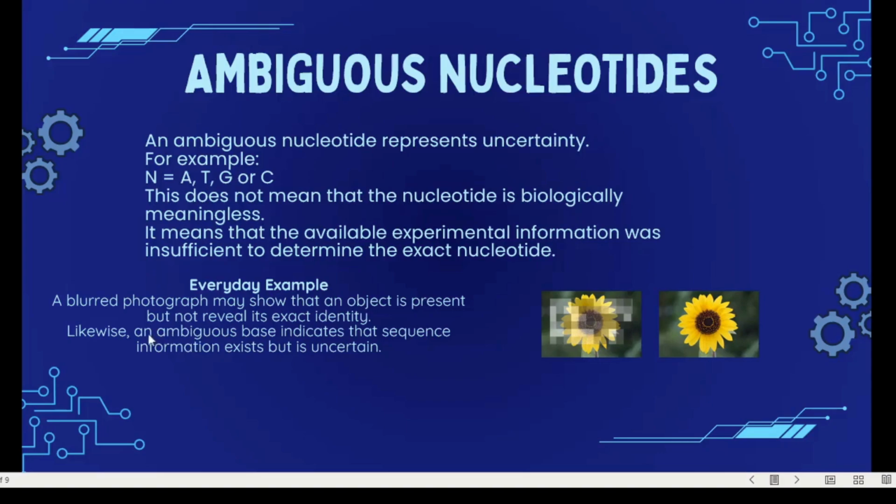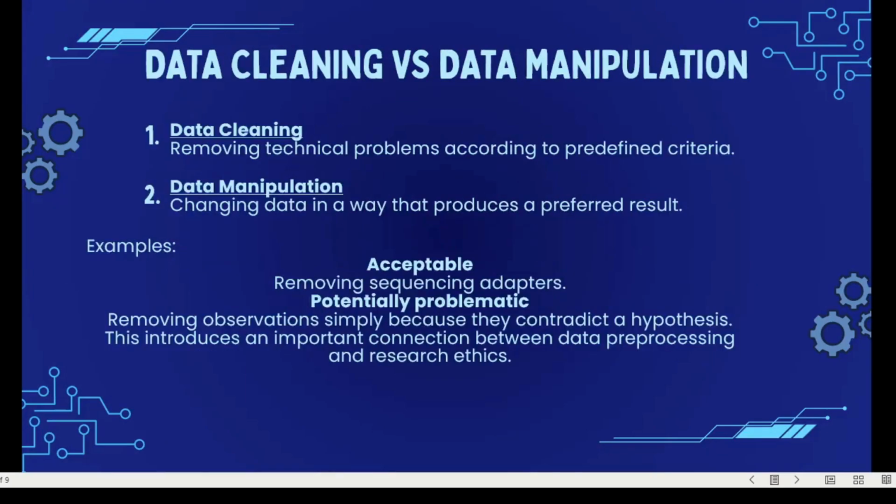Likewise, the ambiguous base indicates that sequence information exists, but it's uncertain. Something, some flower, is there, but we are unable to mention which flower it is. So this kind of thing happens with ambiguous nucleotides.